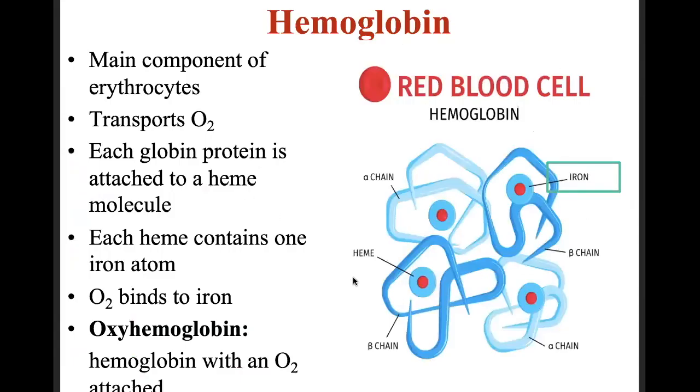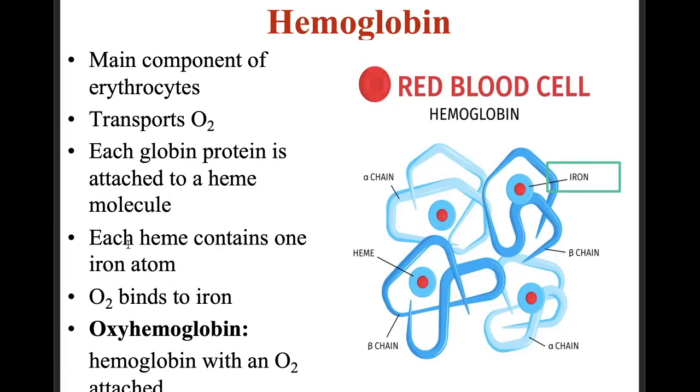Moving on to the next illustration, this is what we call your hemoglobin. Hemoglobin, the main component of your erythrocyte, transports oxygen, and each globin protein is attached to a heme molecule. So the example is this one. This is your hemoglobin, and here we have your heme molecule.